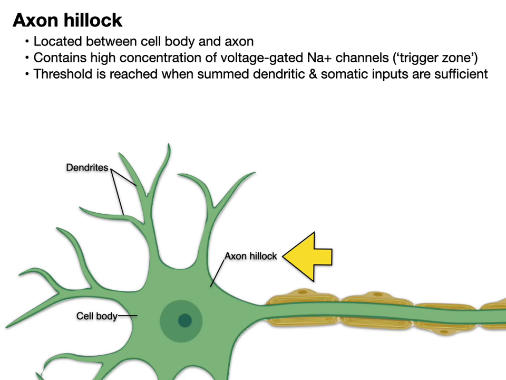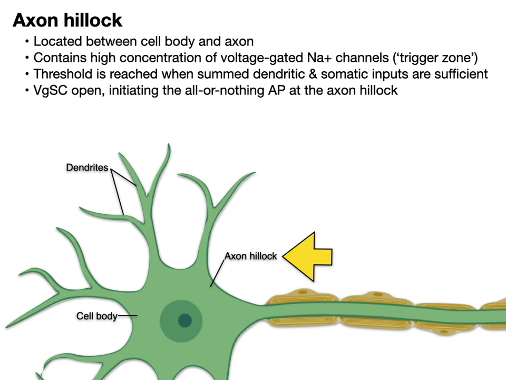That's why it's called the trigger zone. So threshold is reached when the summation of all dendritic and somatic, meaning cell body, inputs are sufficient to reach threshold. When that happens, voltage-gated sodium channels open, and this initiates the all-or-nothing action potential. And that's what happens at the axon hillock.